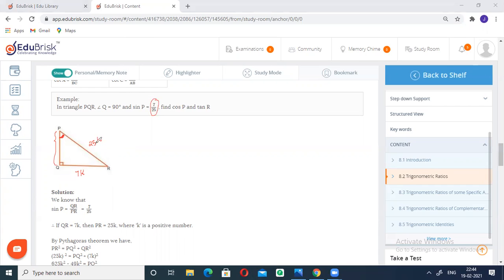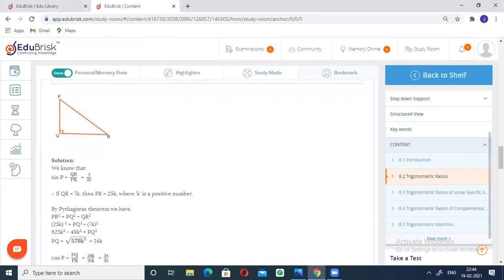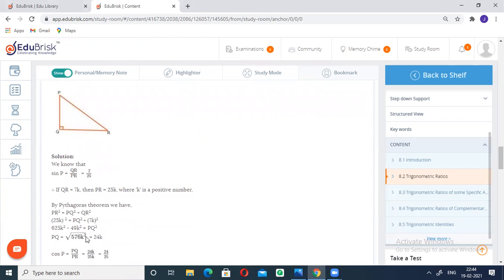K square will be common. So 25 square, that is 625, minus 49. So you will get PQ square as 576k square and PQ will be equal to 24k.